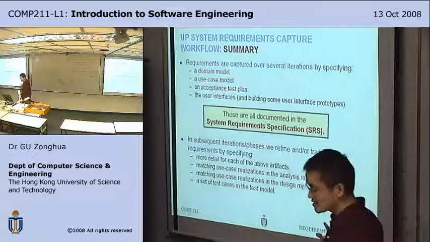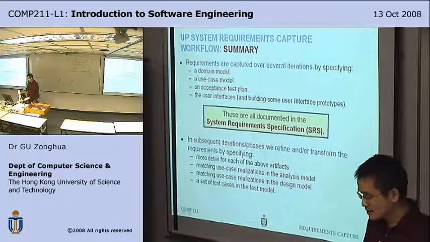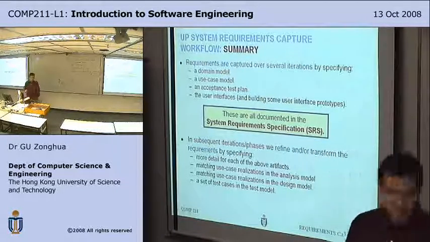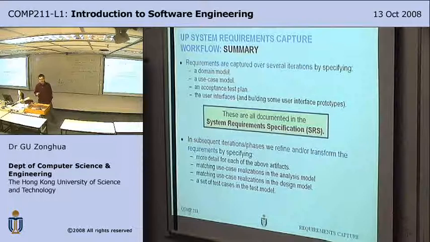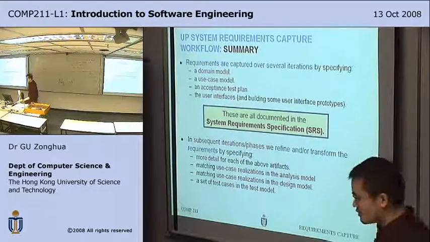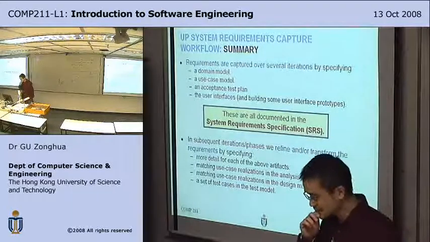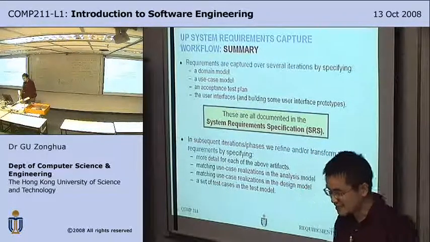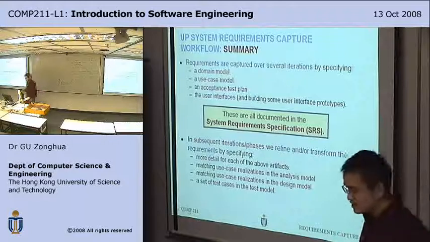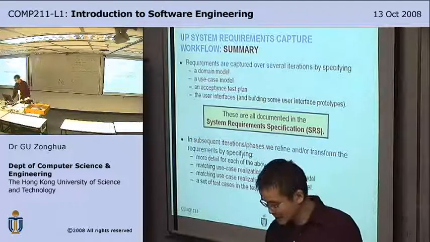That's called a realization. Realization has multiple levels, from analysis model to design model to implementation. You go from abstract to more and more concrete. And also a set of test cases in the test model.